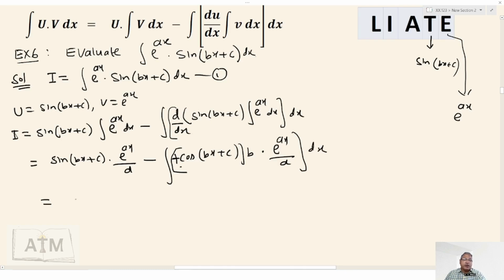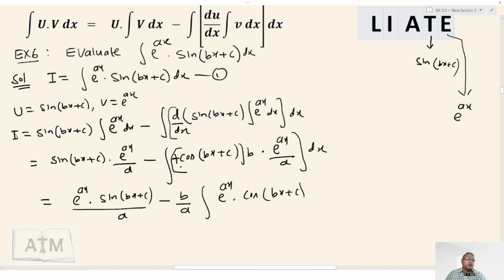So what you get here now is e raised to ax sin bx plus c upon a, minus b upon a taken outside, integration of e raised to ax dot cos of bx plus c with respect to x. You see that the product rule has come again. This type of problem is never ending.